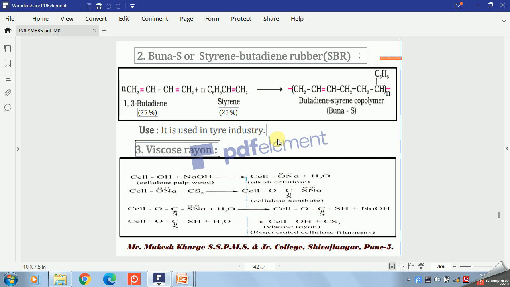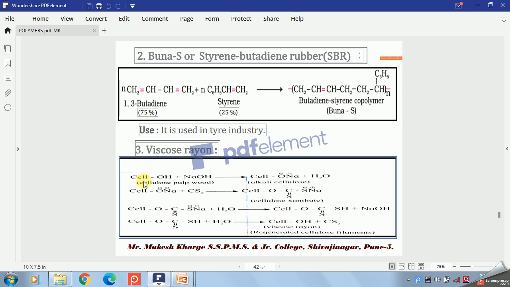Then next is viscose rayon. Viscose rayon is a semi-synthetic fiber, and here cellulose is used as a monomer. What is cellulose? It is a linear polymer of glucose units and has molecular formula (C6H10O5)n. Now for writing the reaction, the same formula can be written as Cell-OH.